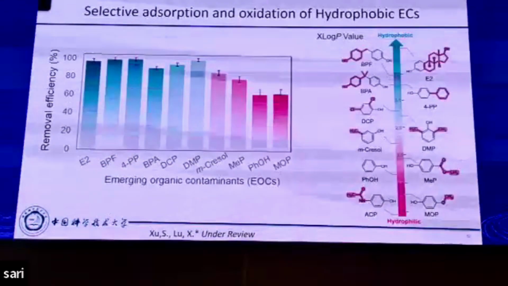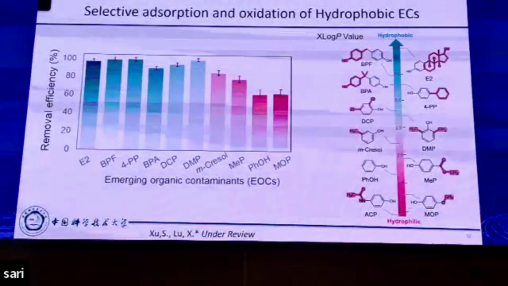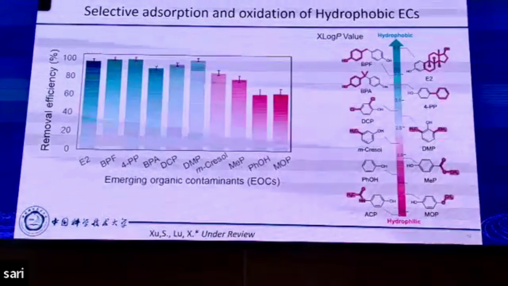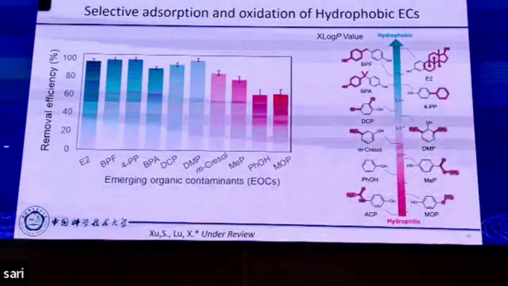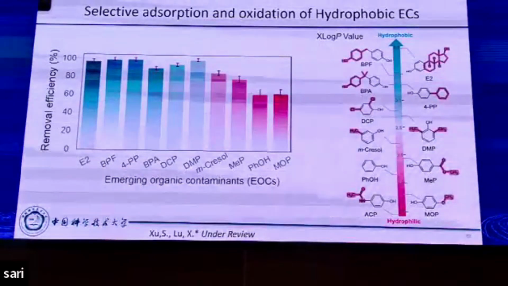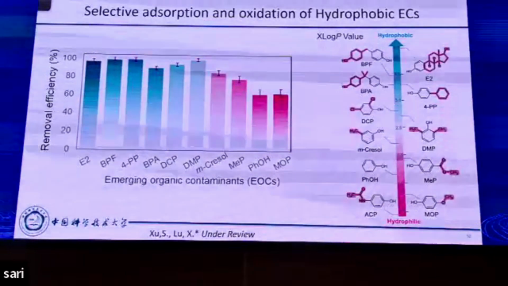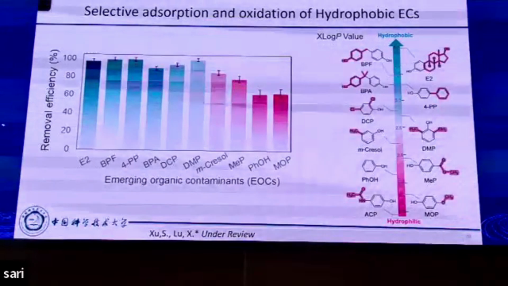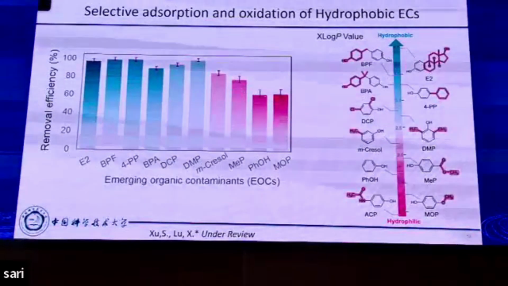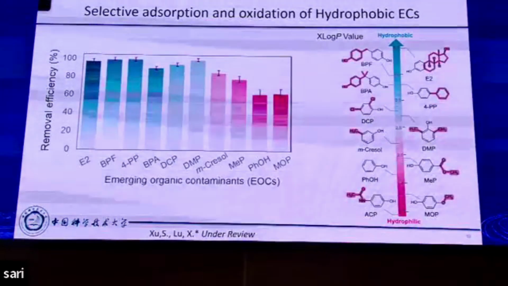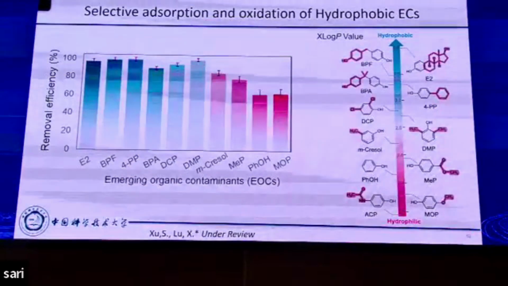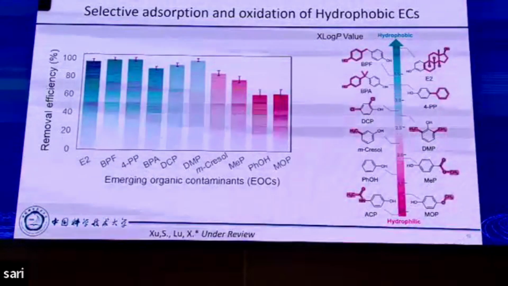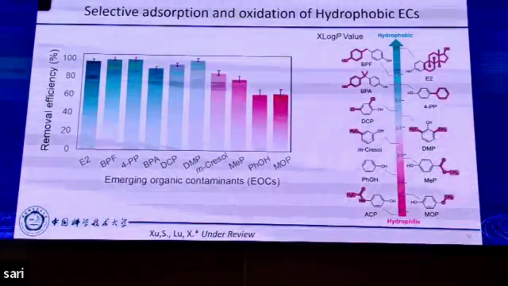So the next thing is that we also evaluate some other phenolic compounds in this system. We selected a range of phenolic compounds in the wastewater. What we see is that some of the contaminants can be rejected effectively, whereas for some contaminants, the rejection is not that excellent. This is largely because of the hydrophobicity of these molecules.